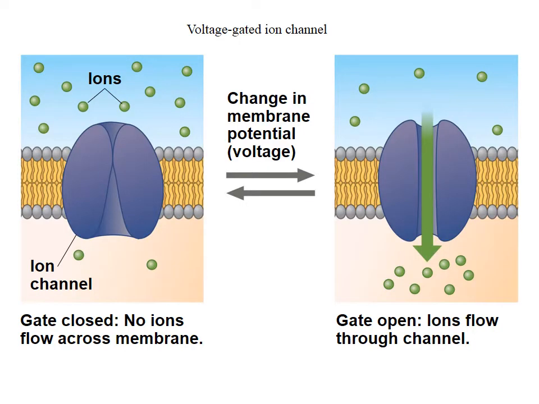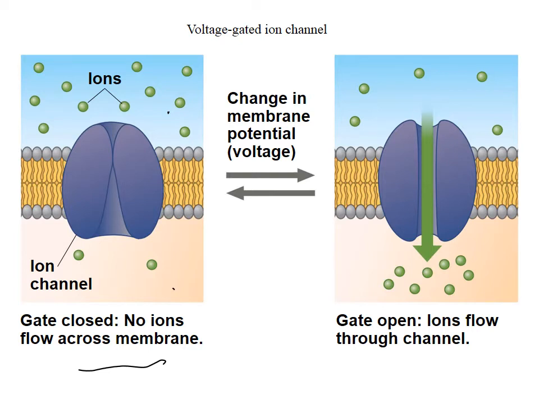So we're going to look at the voltage gated ion channel. We have the gate closed over here. No ions are flowing across the membrane. There are ions outside, there are ions inside, so nothing is happening. But when the gate is open, the ions are going to move down the concentration gradient.